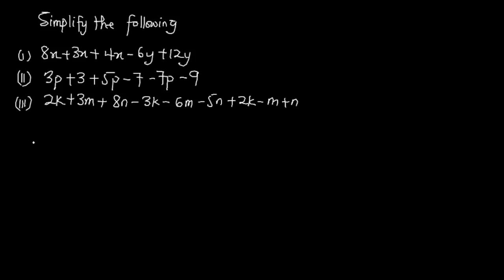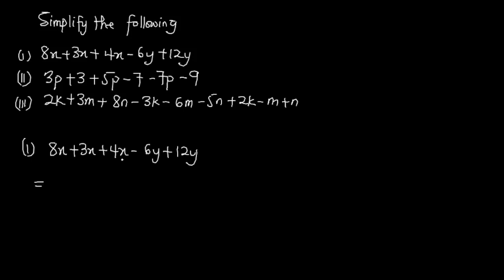Alright, so let's start with the first expression. So we have 8x plus 3x plus 4x minus 6y plus 12y. Now this is pretty straightforward, very easy. The terms have already been grouped for us, so there's no need to do any grouping.